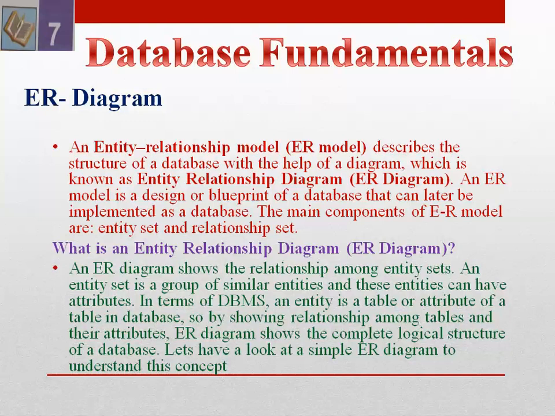And when we combine and connect two tables with the help of the primary key and the relationship, this diagram is called the entity relationship diagram. An ER diagram can also be called an ER map, or sometimes an ER model.